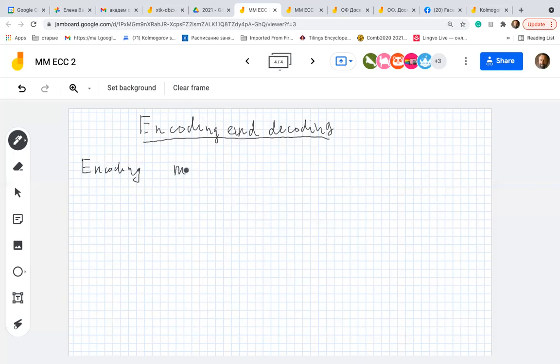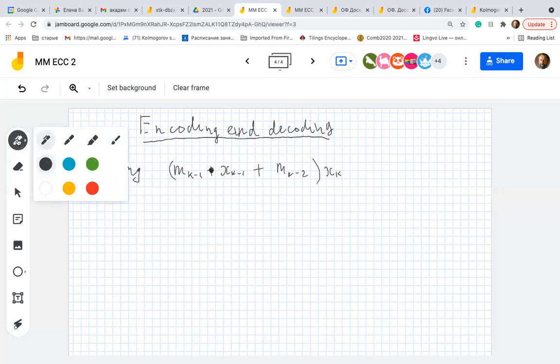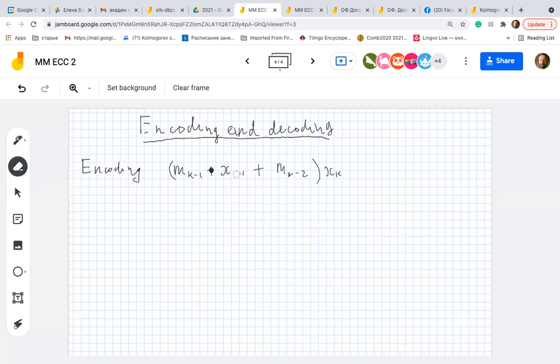So we take the last letter of our message, m_{k-1}, multiply by x, add m_{k-2}, multiply by x, and so on. Sorry, if you want to find the value in the point x_i, we should use x_i everywhere, not x_{k-1}. x_i here, x_i here, and so on.